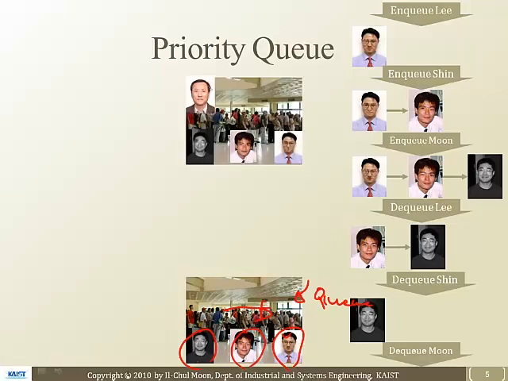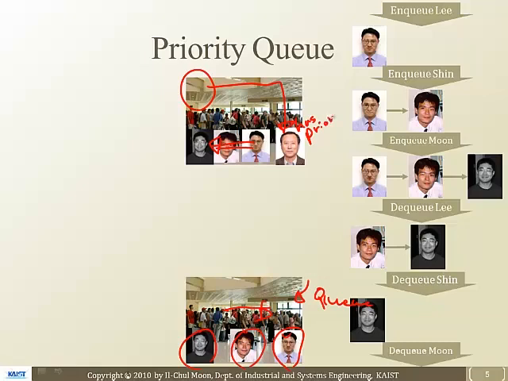However, let's imagine that we have another person here, a very important person. What happens in the real world is that the others get pushed to the back, and this person becomes first in the line. It means that this person has priority. If you purchase an expensive seat, you will probably be served before others who purchased tickets at a lower price.